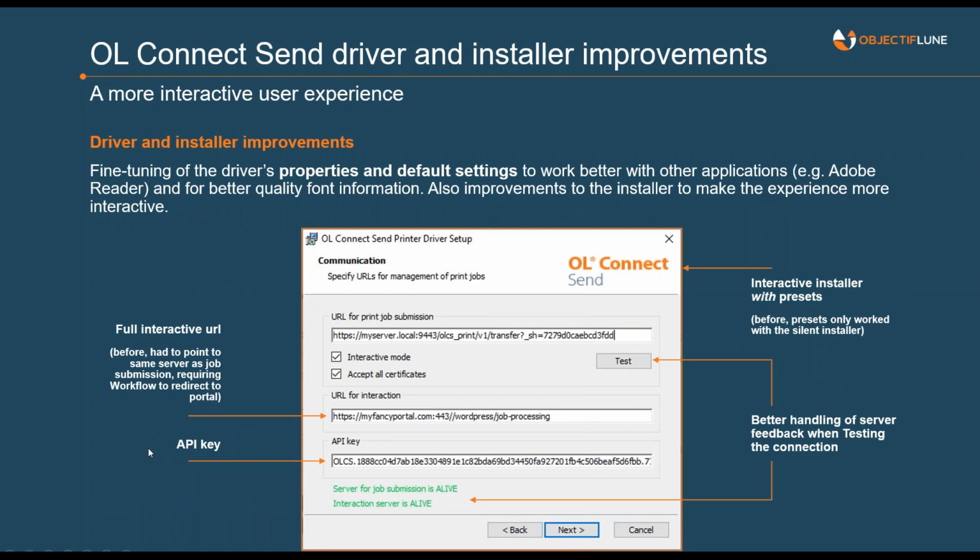And as you can see here, the API key also lets us sell Connect Send by domain or by credits. For example, for a print center, the customers of the print center are not from the same domain.